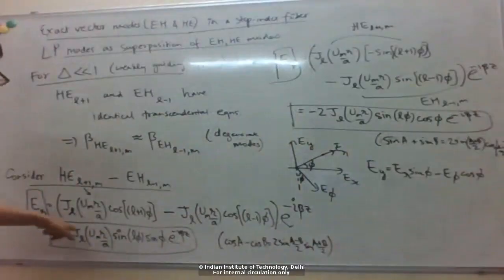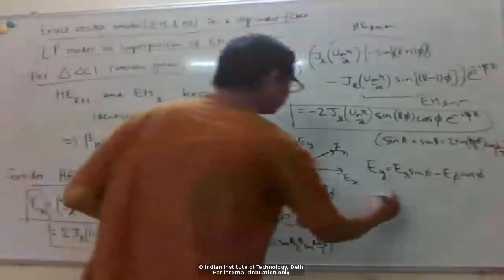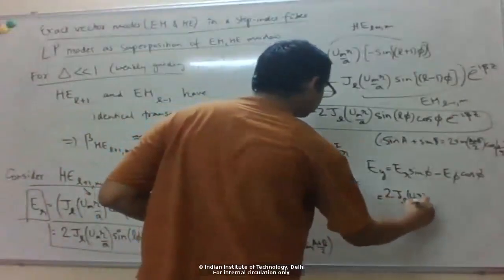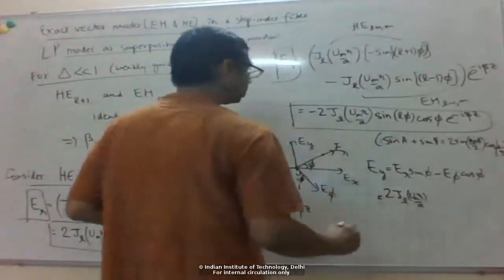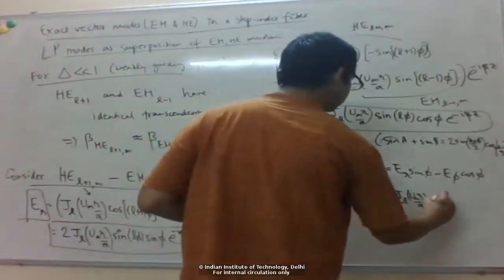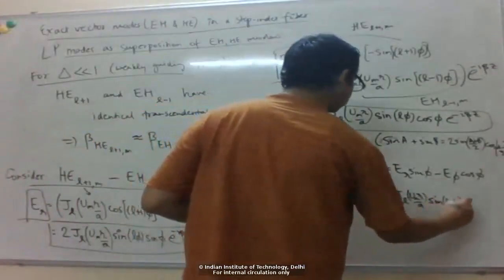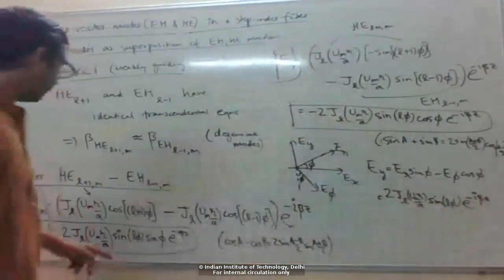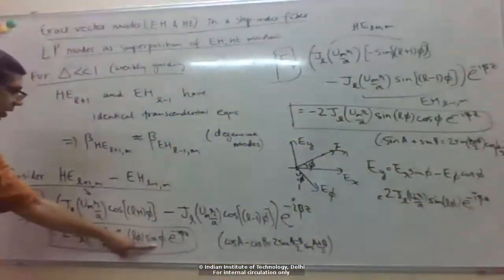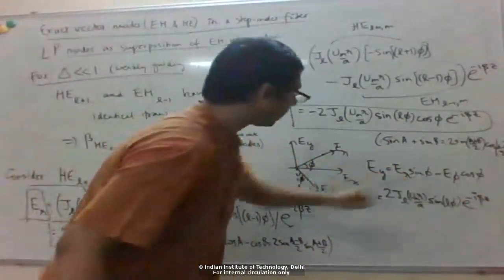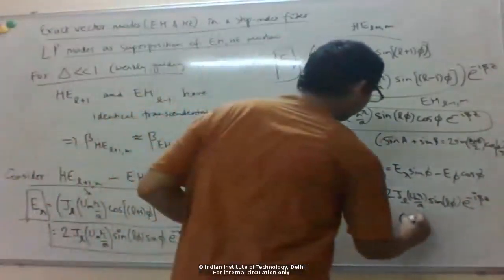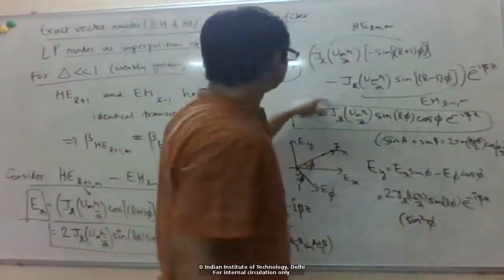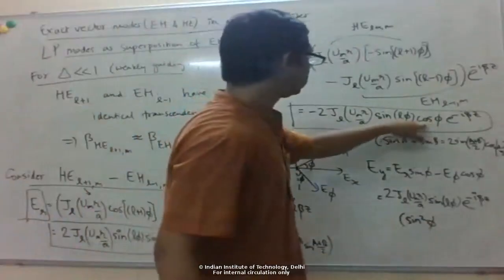Okay, so what will you get? You can see here, for EY, the J L is common, and sine L phi is also common. The propagation constant also comes out common. Then here you have sine phi already, you multiply with another sine phi, so you get sine square, and then minus this you multiply by cosine, so you get a cosine square.